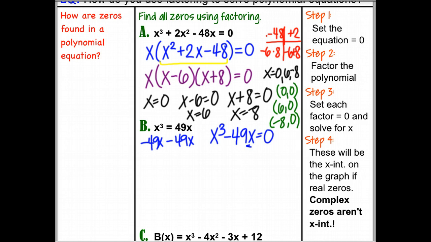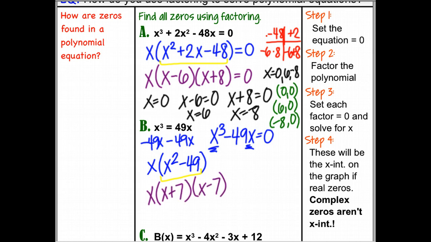I see that I have x's in common, so I'm going to factor out that x, giving me x squared minus 49. That is a difference of squares because the square root of x squared is x and the square root of 49 is 7. That means I have x times x plus 7 times x minus 7.